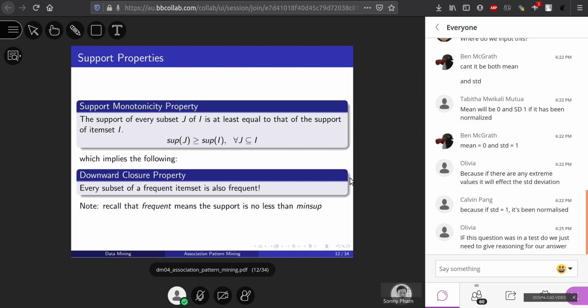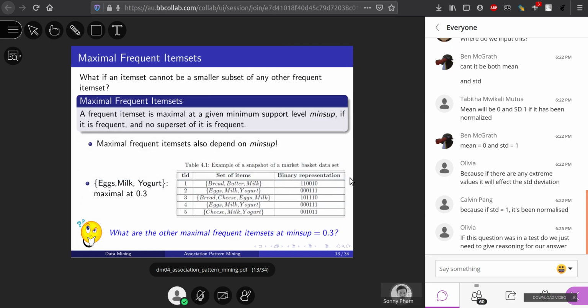Frequent means that the support is no less than the minimum support. That's an important property, and we will make use of it in one of the algorithms that we'll discuss later.